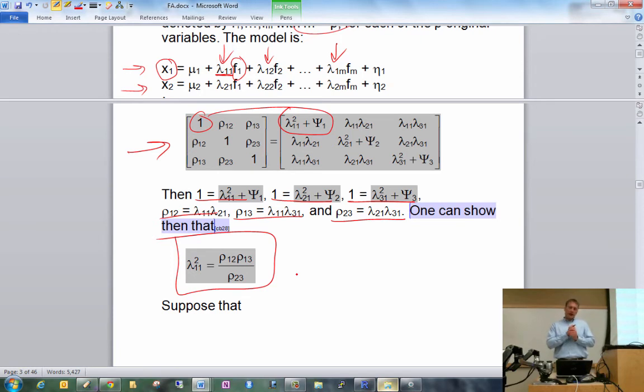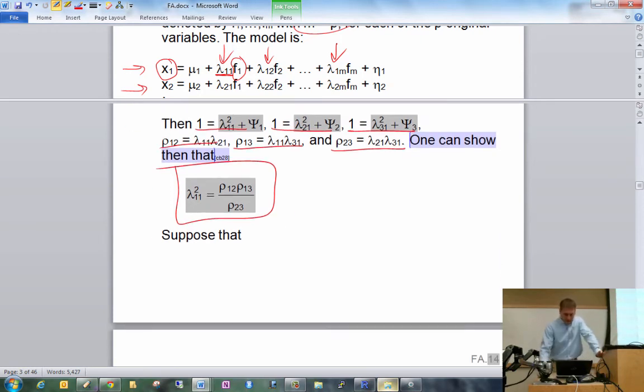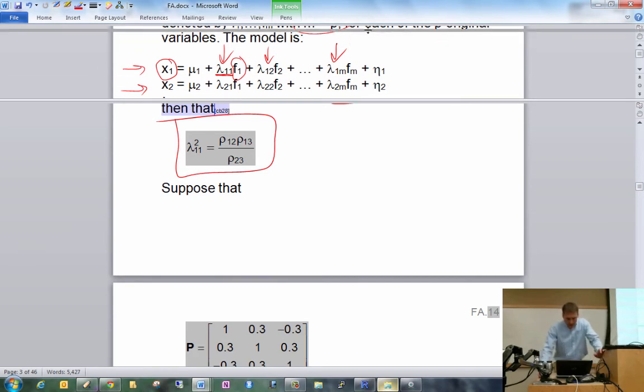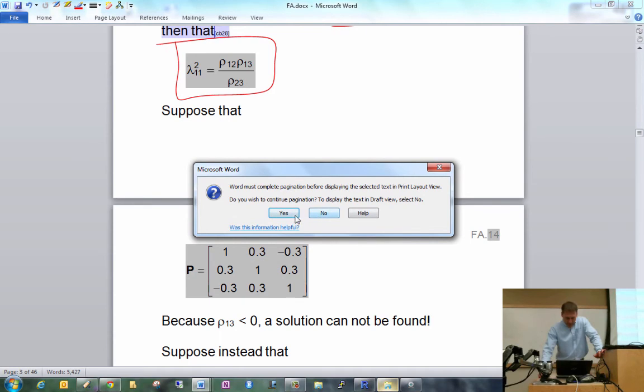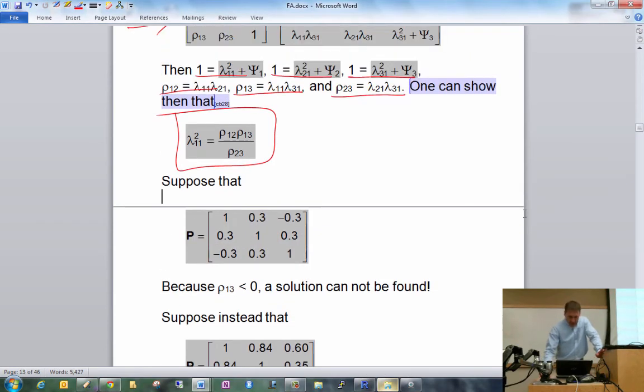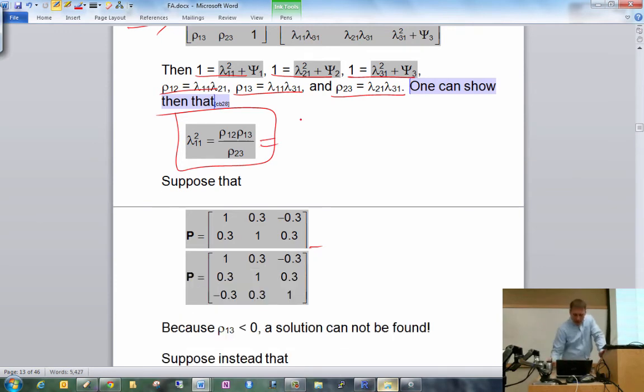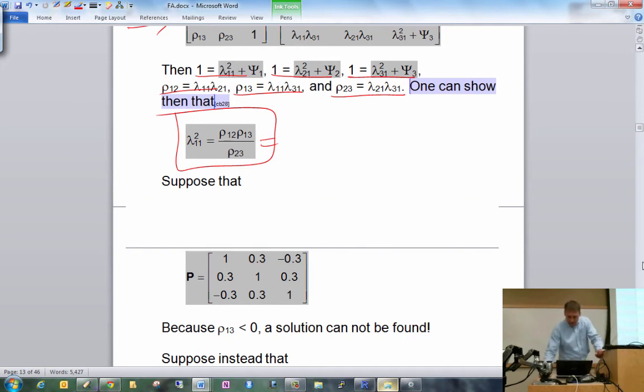Now here's where some problems can still occur. Suppose I have this as my correlation matrix. This seems like a reasonable correlation matrix that one can have. So if I set this equal, then I have 0.3 times a negative 0.3 all over 0.3.